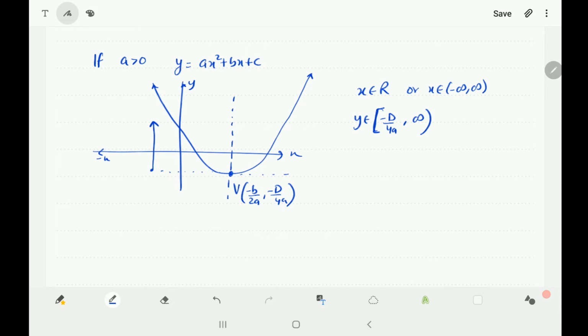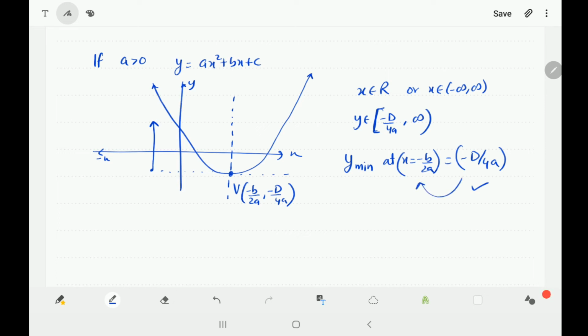So it is very clear that the function will achieve its minimum value at x equal to minus b by 2a, which is minus d by 4a. So the minimum value of the function is minus d by 4a, and it occurs at x equal to minus b by 2a.